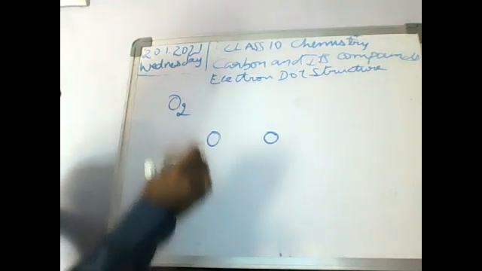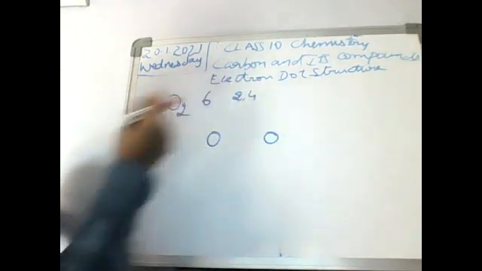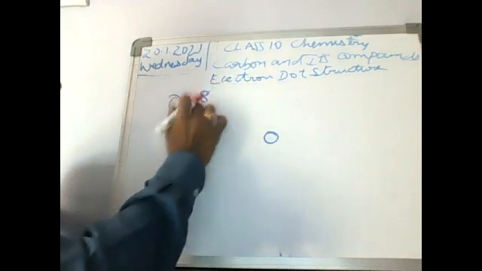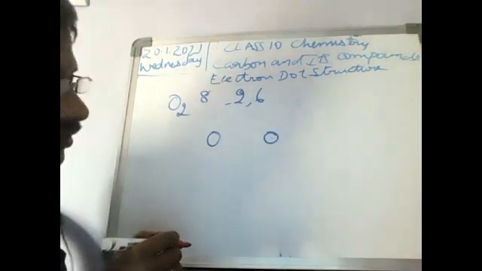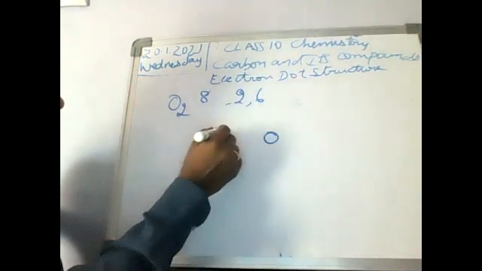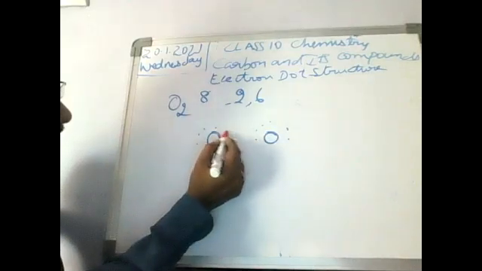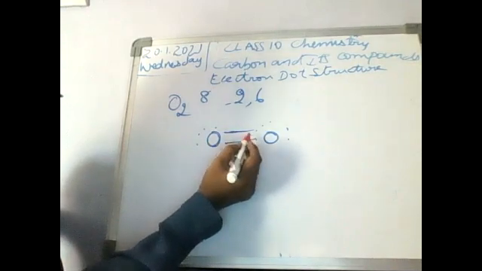The atomic number of oxygen is 8, with configuration 2, 6: 1, 2, 3, 4, 5, 6 electrons in the outermost orbit. It requires two more electrons, so two electrons are shared between the two atoms.